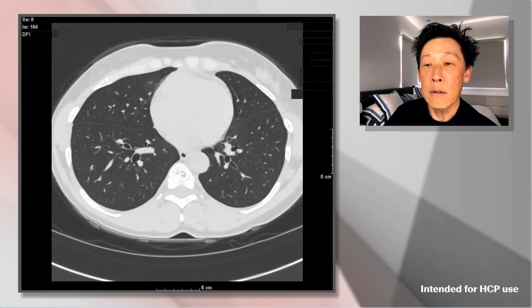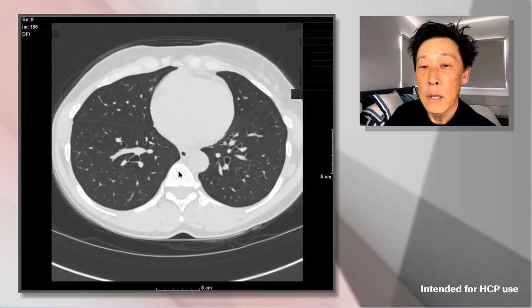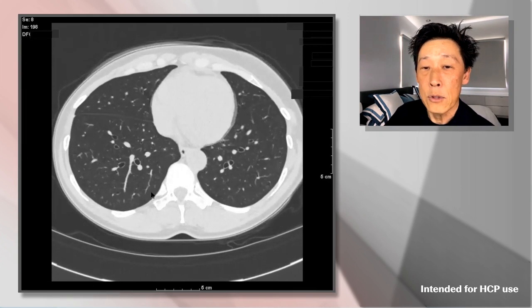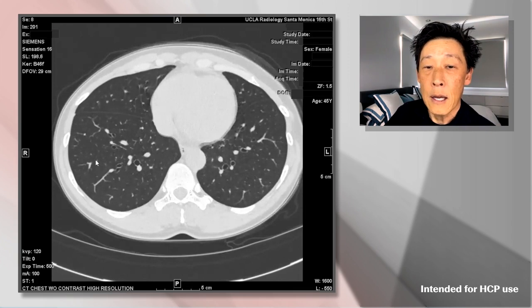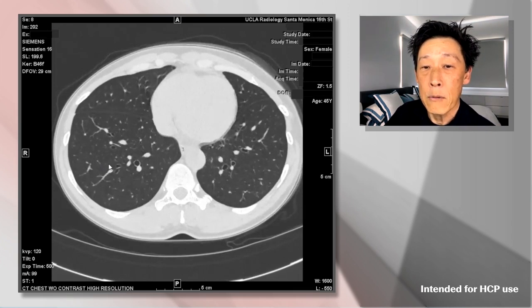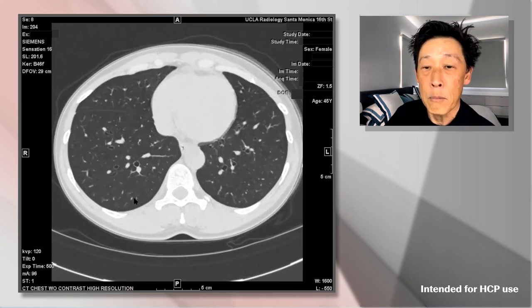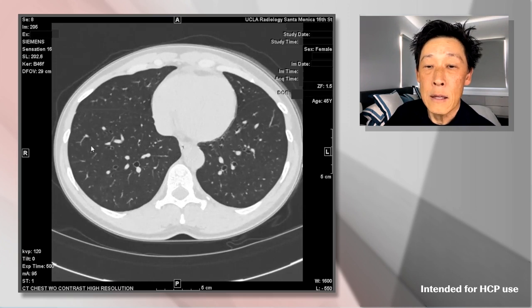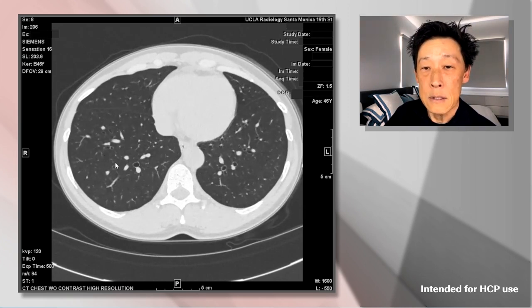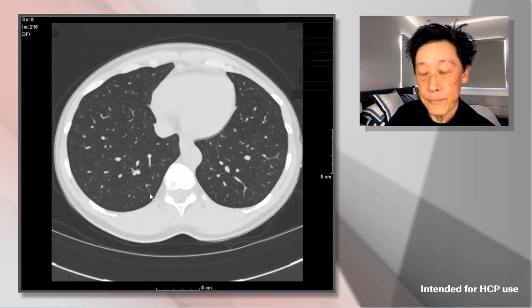And so this, again, just to take you through normal, this is really what you should appreciate is the nice manner in which the blood vessels and the airways branch. And notice the attenuation or the density of the lungs. Again, they're fairly black with the exception of these small blood vessels and airways throughout.